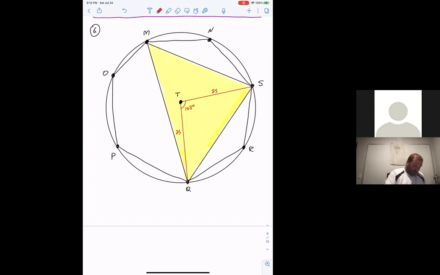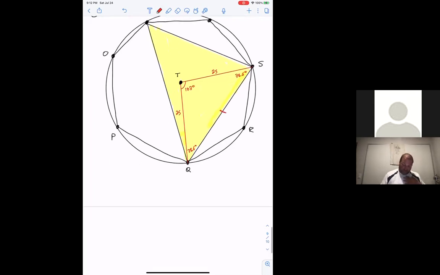So 103 degrees. If I do 180 minus that and divide that by 2, that means this is 38.6 degrees. Okay, which means to find this side right here, if we call it X, X over sine of 103 degrees is equal to 25 over sine of 38.6 degrees.